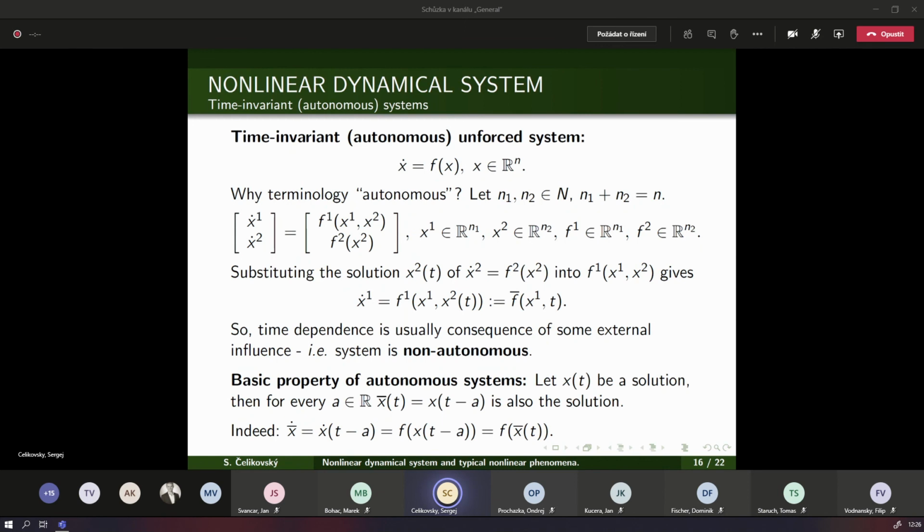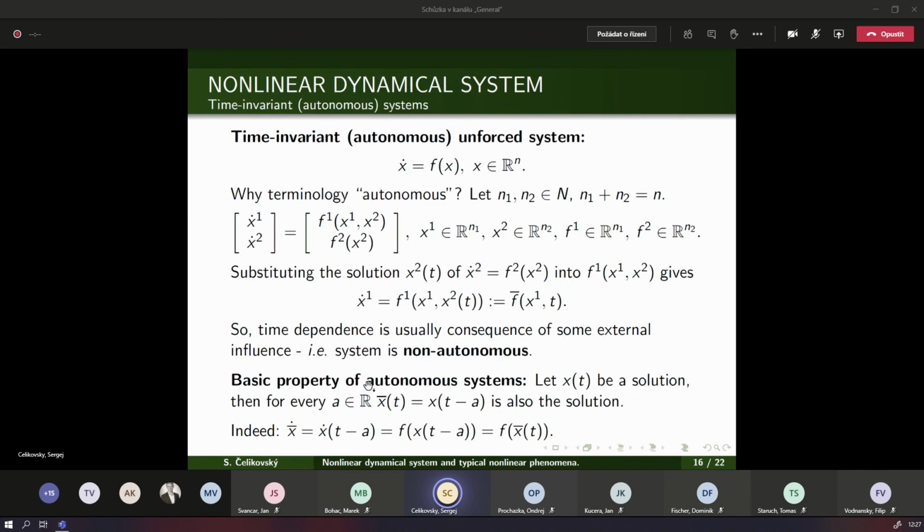Roughly speaking, if we had a differential equation describing all the space, everything that exists in the world, then this model should be time invariant. So this is perhaps the explanation why you can often meet autonomous systems, which means just that there is no time present on the right-hand side.